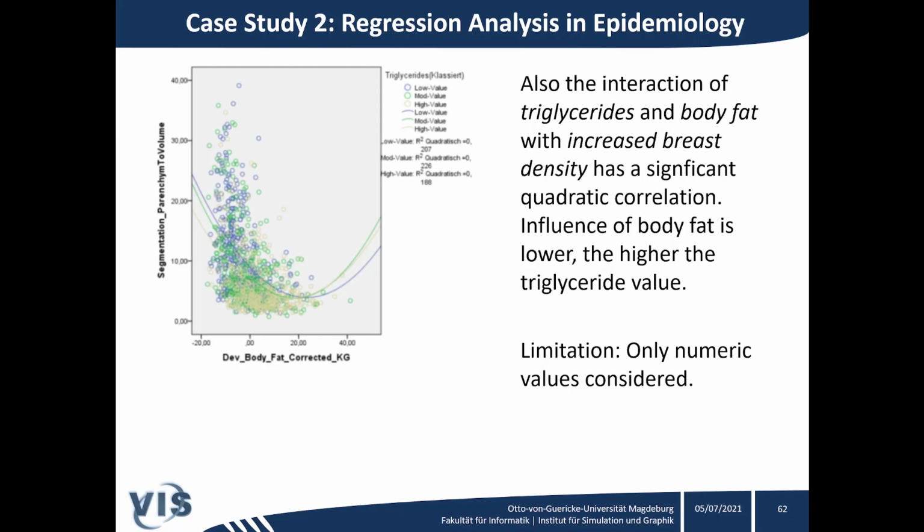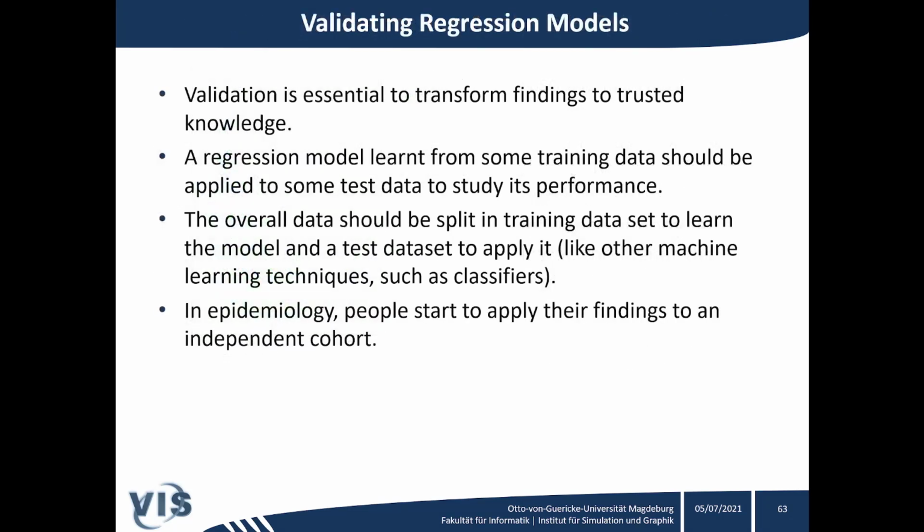But the limitation of this framework here was or is that only numeric values can be considered. We can summarize that validation is essential to transform findings to trusted knowledge. So a regression model learned from some training data should be applied to some test data to study its performance.